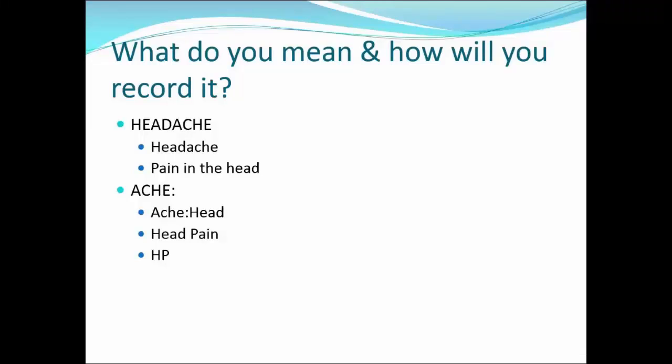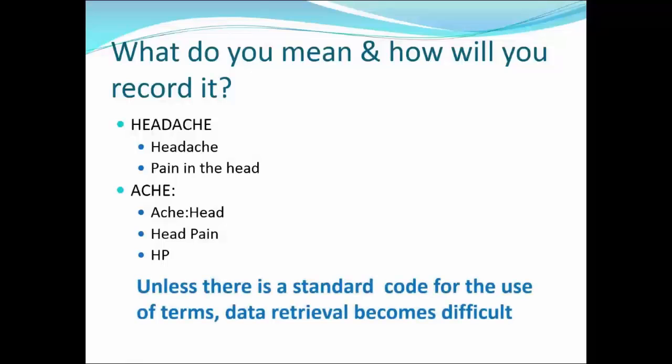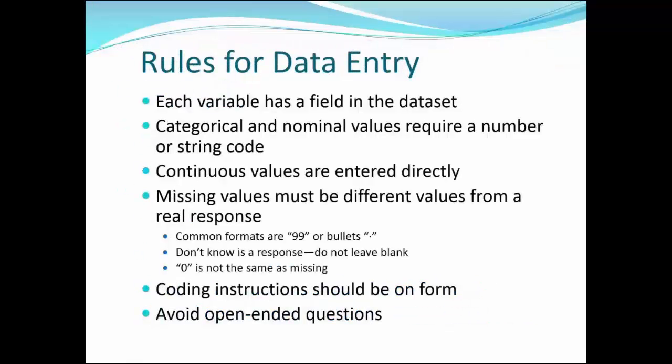Do you record it as pain in the head, as a headache, as an ache, a specific kind of ache, which is a head? You can get different things if you don't ask your question well. So unless there's a standard code to use for terms, it can make it very difficult to get everything together to analyze. So each variable should have its own field in a data set.